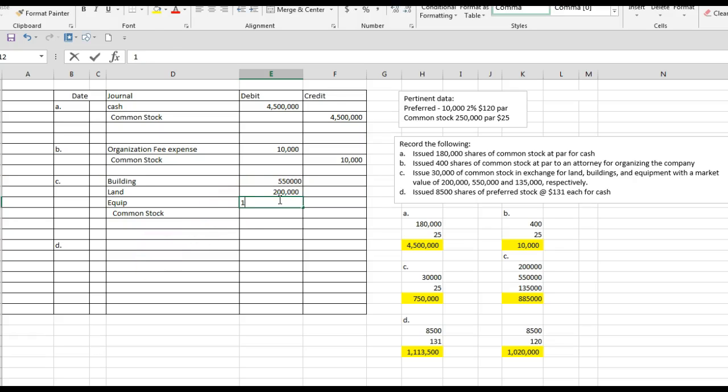And equipment is 135,000. Now how many shares? 30,000 shares. So we know it's 30,000 times 25, which is this right here. This is going to be $750,000.